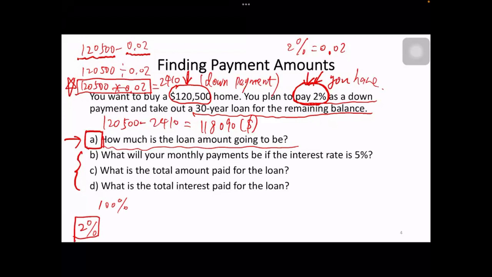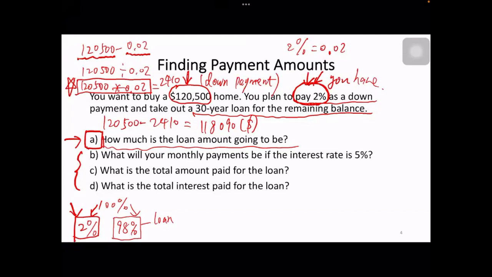And then the remaining, how to find the remaining percentage? Will that be 100% minus 2%? We get 98%. Is that right? This is the money you already have. This is the one you want to take for the loan. 98% of the house value, you don't have that kind of money, you want to borrow.